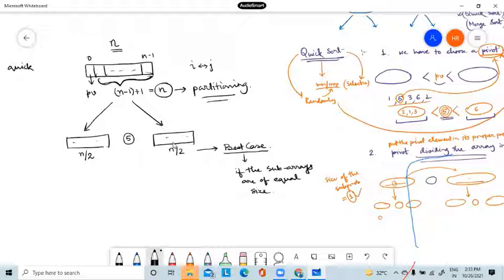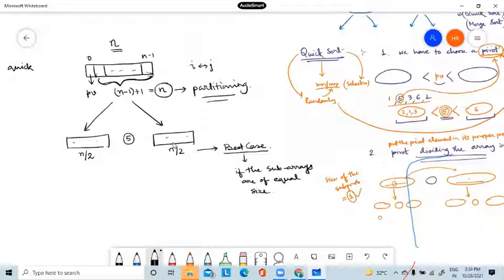It gives you best case time complexity if after partitioning, the two sub-arrays become almost equal in size, not exactly equal, because it depends on odd and even number of elements. If you have an odd number of elements, then there is a chance that the two sub-arrays are of equal size.